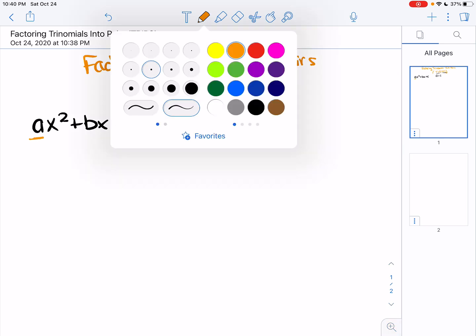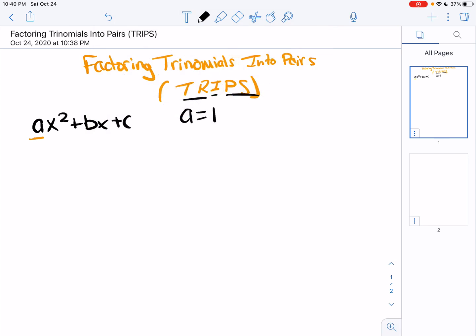Alright, so let's look at a couple of examples. So, if I have x squared plus 8x plus 7. The way we do this is we need to find two numbers.